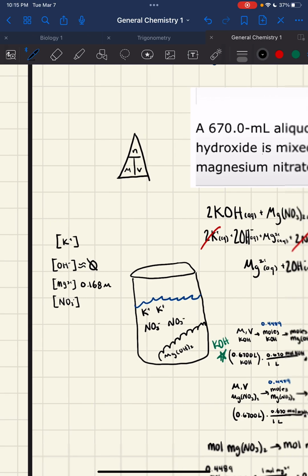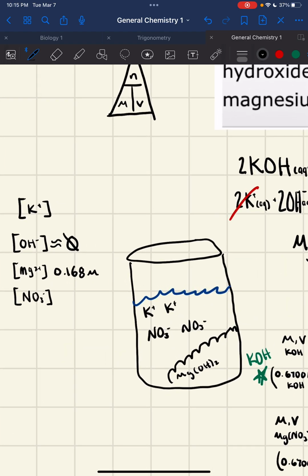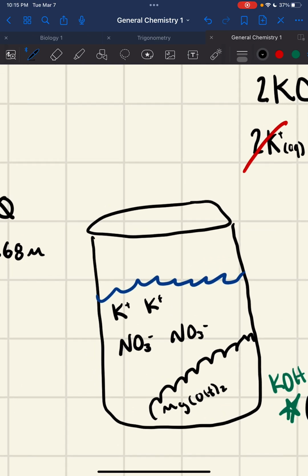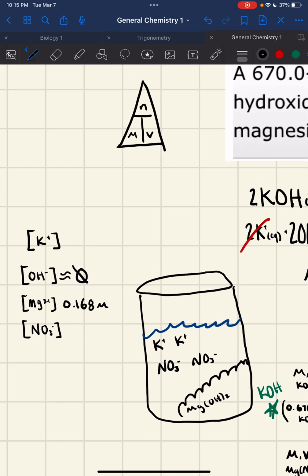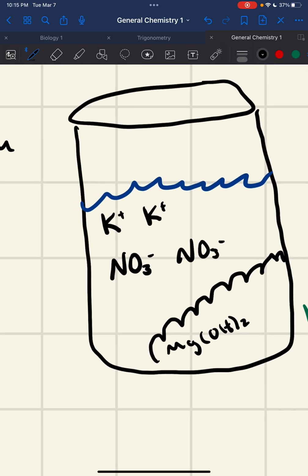All right. Now we're just looking for the concentration of our spectator ions. I forgot to notice as well that considering that hydroxide has already been all run out in this reaction, it's all in our precipitate, we're going to have at least a little bit of magnesium left in the solution as an excess.